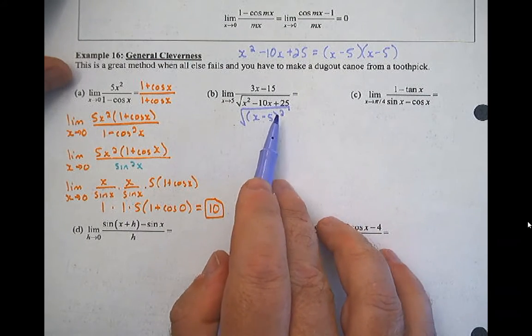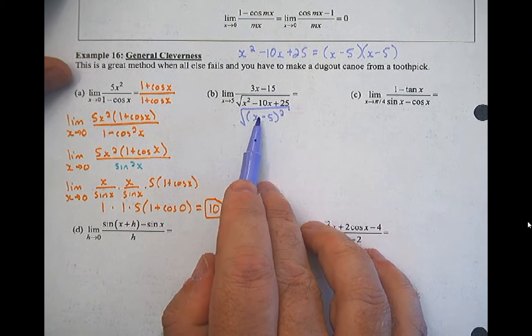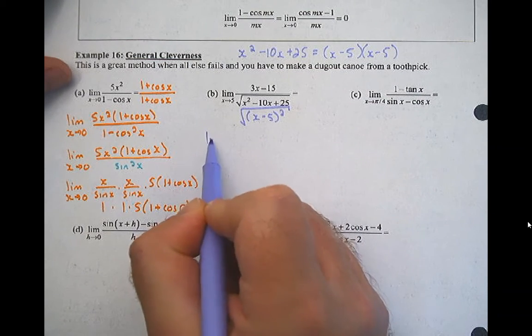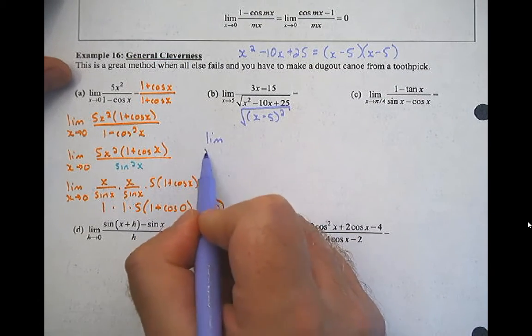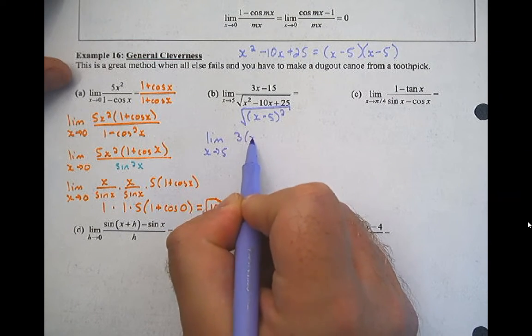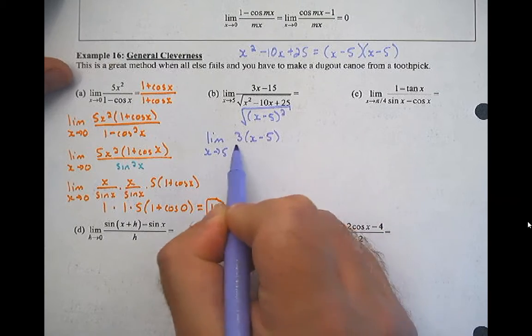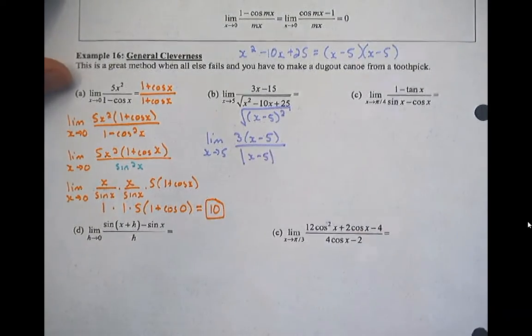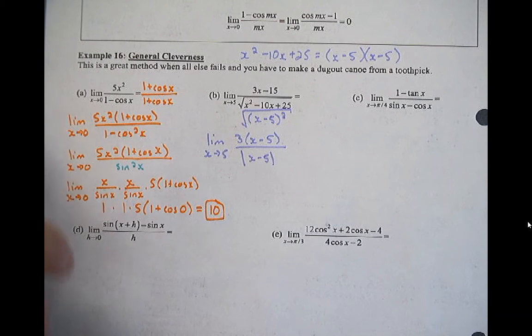Because you're applying the squared first, this is essentially the limit as x approaches 5 of 3. I'm going to factor out the 3 on the top. Now, you would never know this. I get it. So this is me showing it to you for the first time.